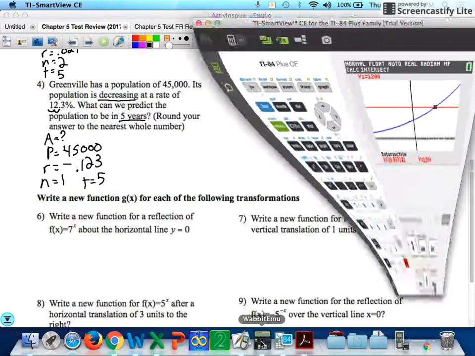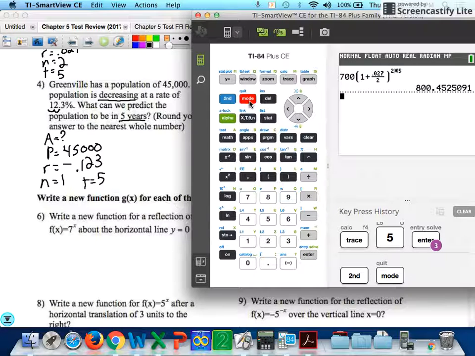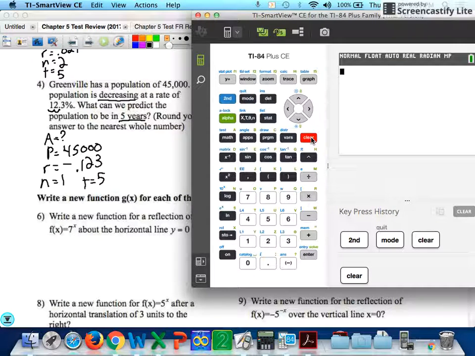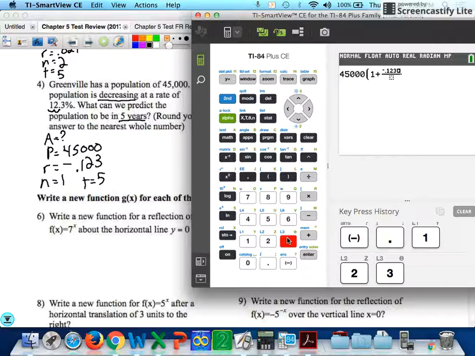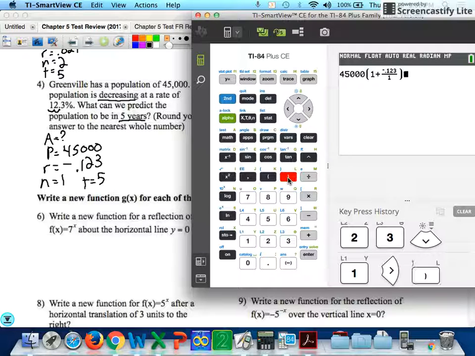So we're hopping over into the calculator. We're back at the home screen because this one we're just finding A. And when we're finding A, we can just calculate it. 45,000, parentheses, 1 plus, alpha y equals, enter. Our rate is negative 0.123. Okay? Move that decimal 2 places to the left. Our n was not given, but it's 1. That's very common on these population problems.